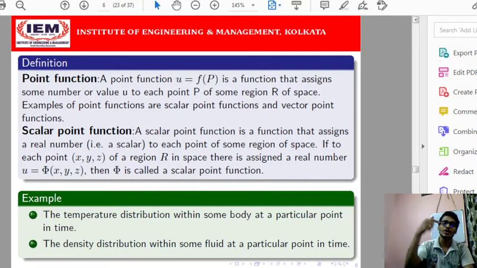By varying the values of x, y, z, we define a function that identifies the density at a particular point in that fluid. At a particular point, we just need to substitute the coordinates of that point, and by substituting the coordinates we can identify the functional value corresponding to that point, which gives the density. This kind of function is called a scalar point function.